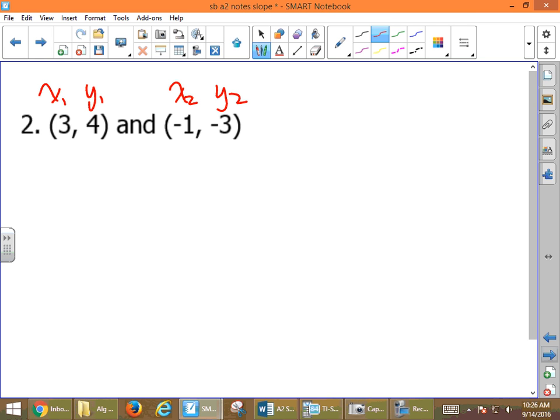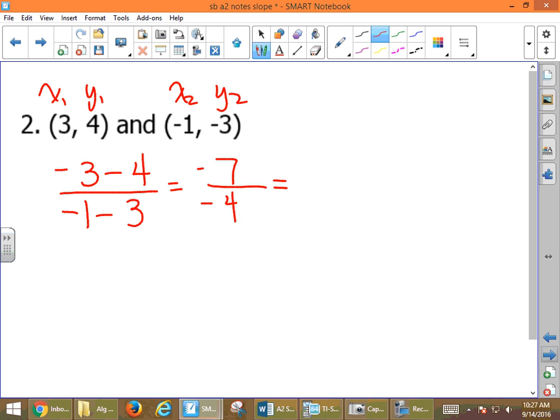X sub 1, y sub 1, x sub 2, y sub 2. And then we're going to fill these values in. Delta y over delta x. Negative 3 minus 4 over negative 1 minus 3. Well, negative 3 minus 4 is negative 7. Negative 1 minus 3 is negative 4.